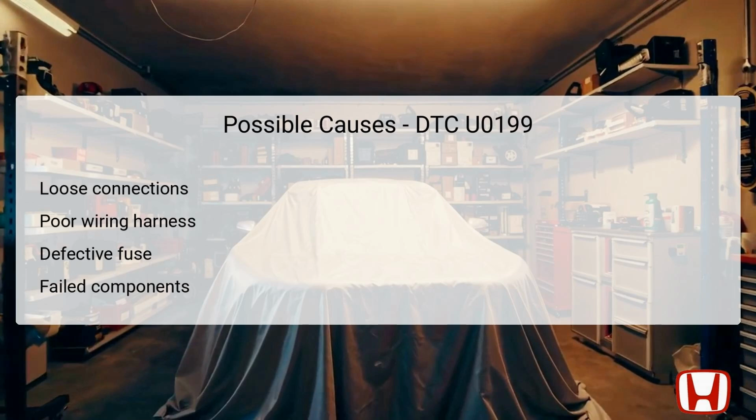A defective fuse, specifically number 15, can also interrupt the power supply to these modules, leading to communication issues. Lastly, either the MICU or Door Multiplex Control Unit may have failed, requiring thorough checks for both functionality and connectivity.